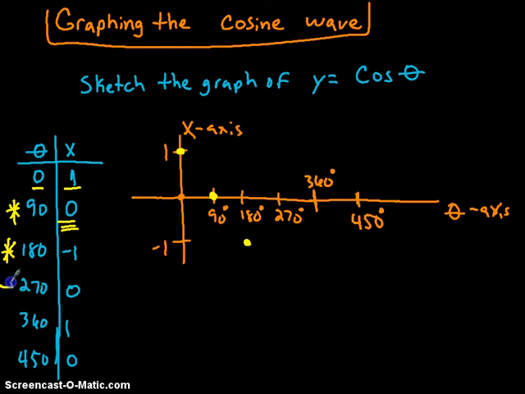And then at 270, output 0. So at 270, it's back on the axis again. At 360, output is at 1. So here's 360. Here's 1 again. At 450, output's at 0. So that's 0. And I can keep going further and further, but that's enough, because that's going to be more than one period anyway.